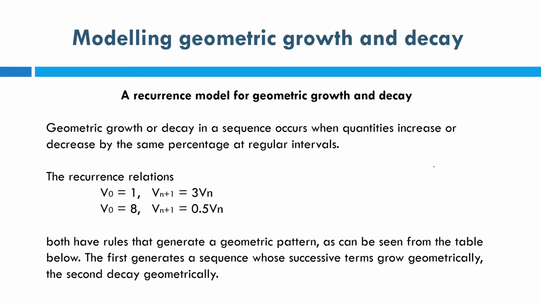So, we still need to establish a recurrence model, just as we did for linear, but this time for a geometric sequence. So, when that is the case, we need a starting point, just as we did in the previous ones, and we need to see if a quantity is increasing or decreasing, what are we doing to that?